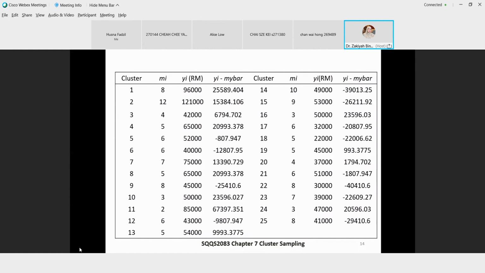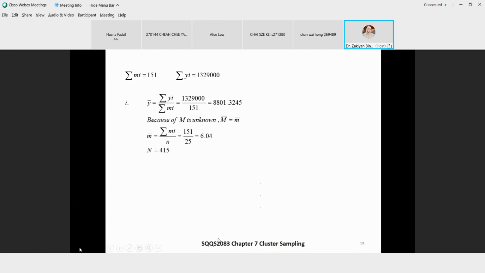Oh, there's also a blank down here. Fill up, add up your ang paos and all. Summation of m_i was 151. So you can get the y bar.